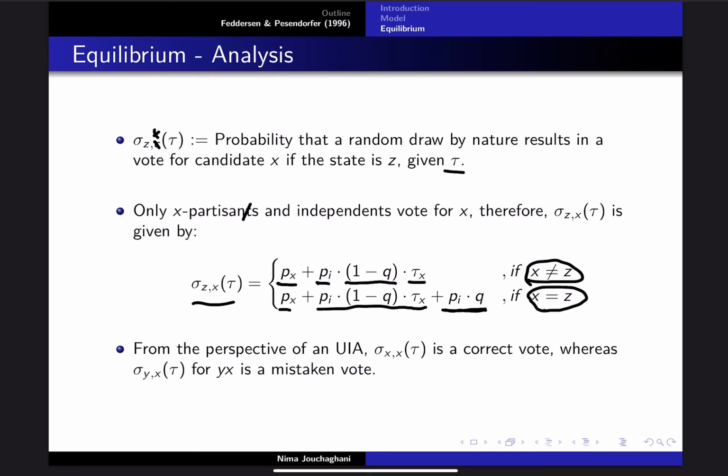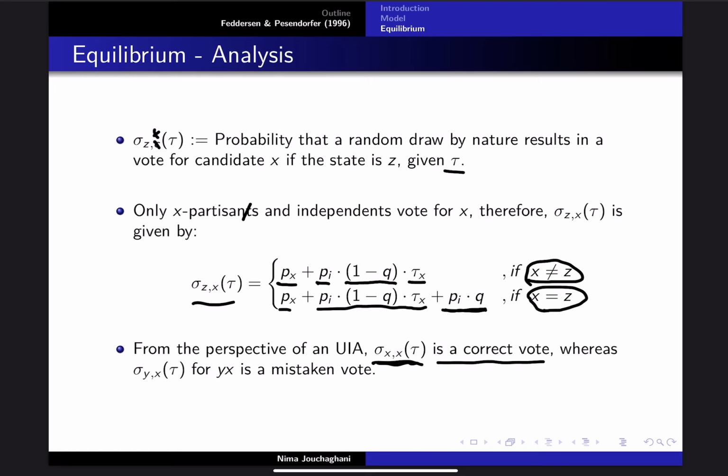And from the perspective of an uninformed independent agent, sigma xx of tau is a correct vote, because this is a vote which corresponds to the state. Even though they are uninformed, they are still independent, so they want to vote for the candidate which is appropriate to the state, but of course they do not know the state.